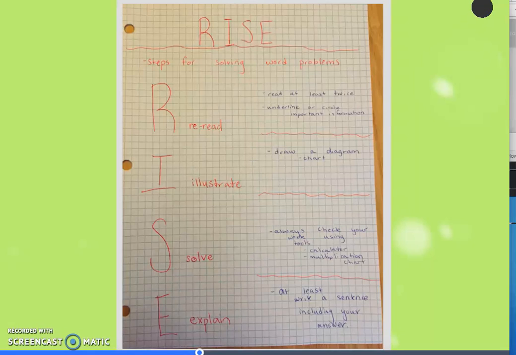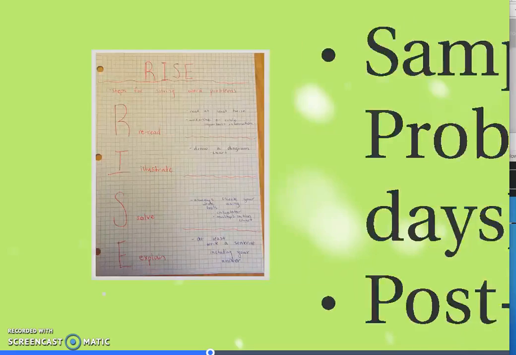Students were asked to make an illustration, and in this case, it was really a diagram to make a chart based on the information in the word problem. And students were asked when they solved the problem to always check their answers using tools available for the entire research process. They were allowed to use calculators or multiplication charts to eliminate computation errors. And lastly, students were asked to write a sentence including their answer as an explanation of their problem solving.